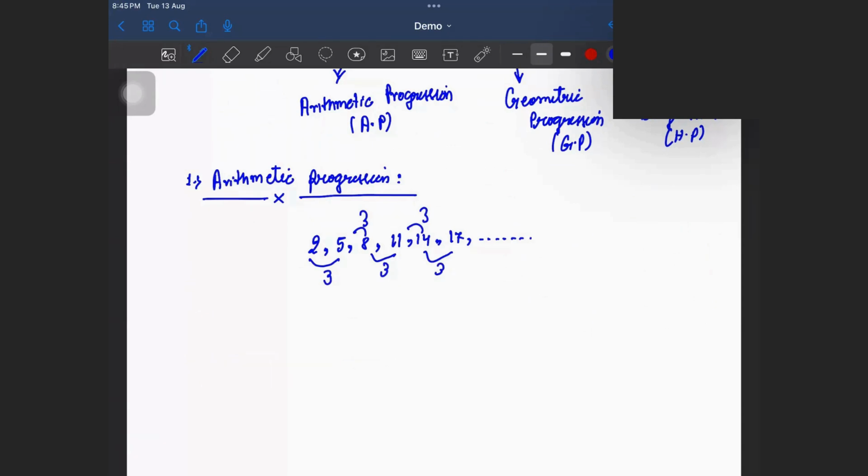So if a sequence has a common difference, meaning the subtraction of its preceding term from its succeeding term is the same everywhere, then it's an arithmetic progression. Are you with me, Nikhil? Yes. So you got what an arithmetic progression is: the difference should be common.